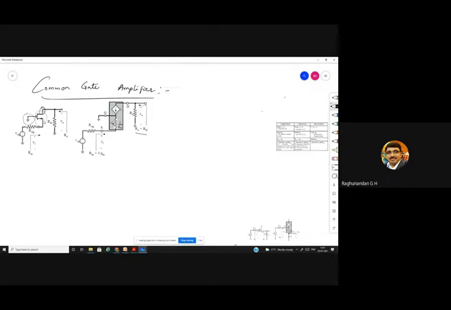Is it large, or is it minimum? If it is minimum, what makes it minimum? I'm just telling about the analysis part, what you need to analyze in a given circuit. What about the output resistance? Is it almost equal to the drain resistance, or is it small? That we need to consider.